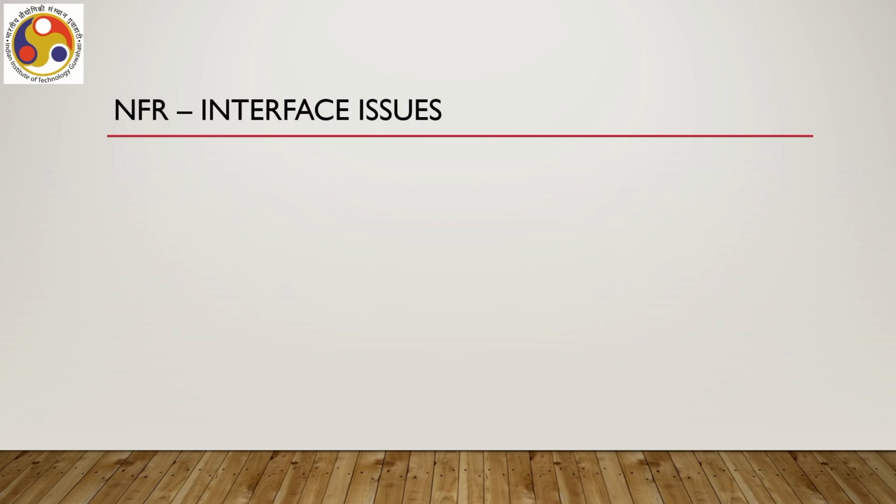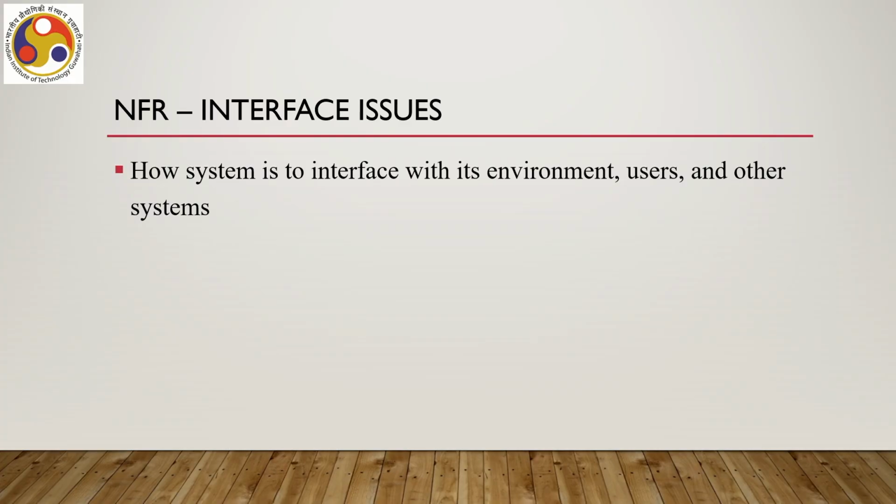When we talk of interface issues, essentially it refers to the design of the interface or the qualities of the interface that should make the interface usable. Now, in fact, there are two issues. One is how the system is to interface with its environment, users and other systems. All these concerns are taken care of under the interface issues.